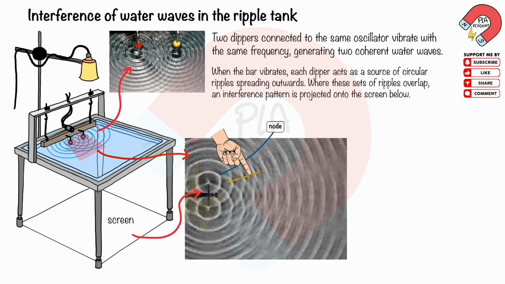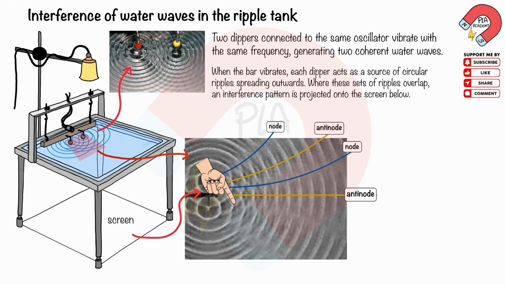Along this line are locations of constructive interference, resulting in antinodes. The pattern continues alternating between nodes and antinodes across the screen.